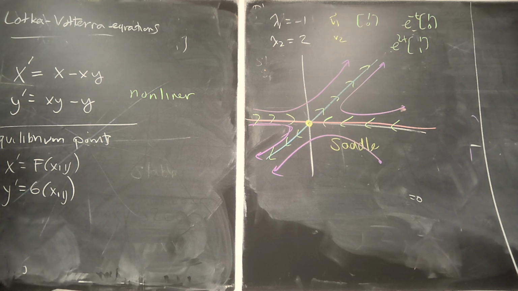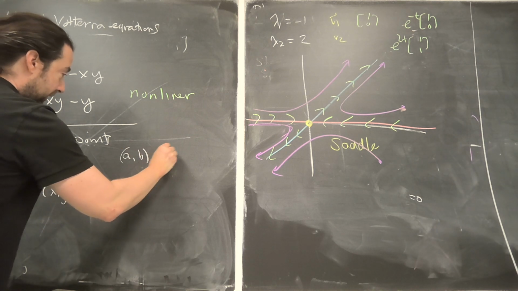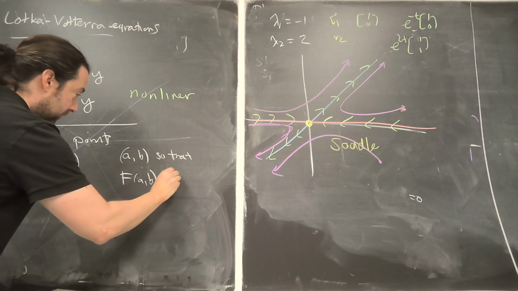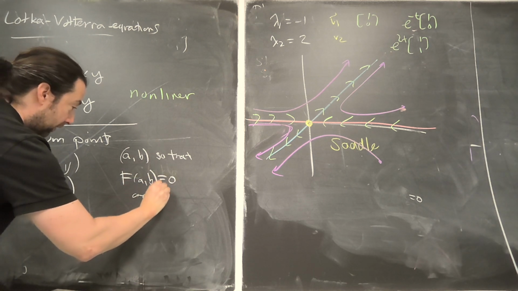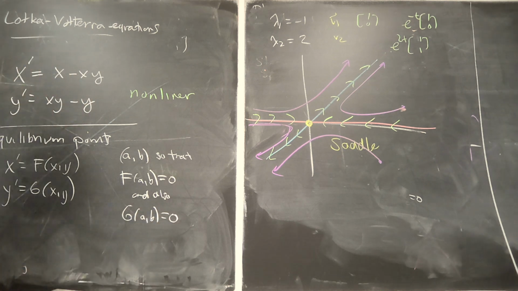What I'm going to do is find all values a, b so that f of a, b is equal to 0, and also g of a, b is equal to 0. Way back when we were doing the second derivative test in 241, we talked about this, right? Finding places where the x derivatives and the y derivatives were equal to 0.